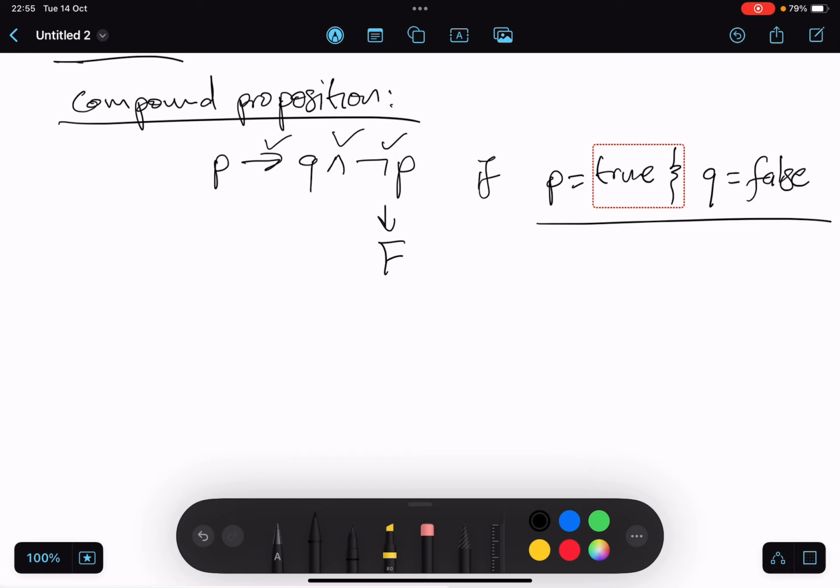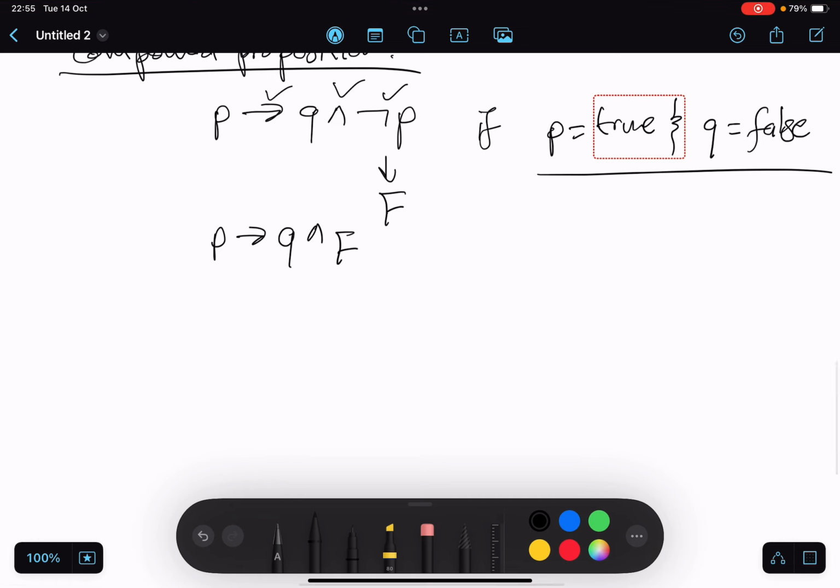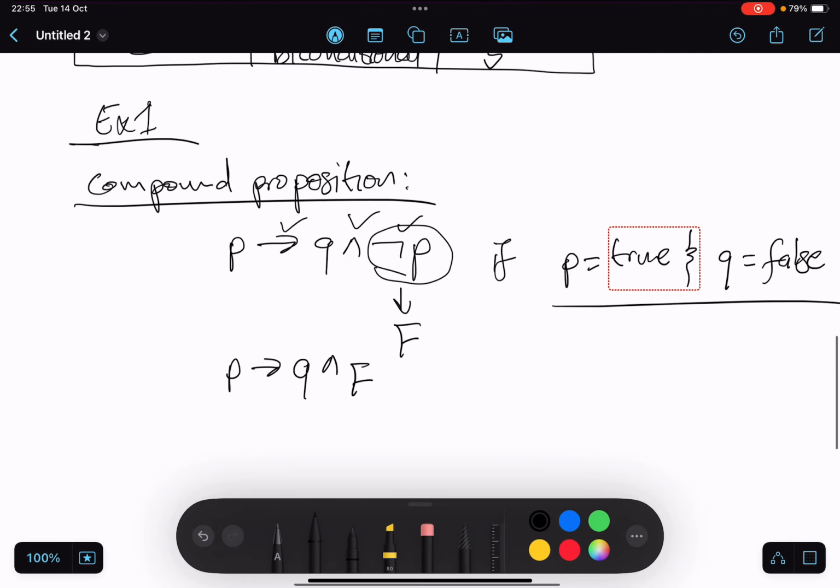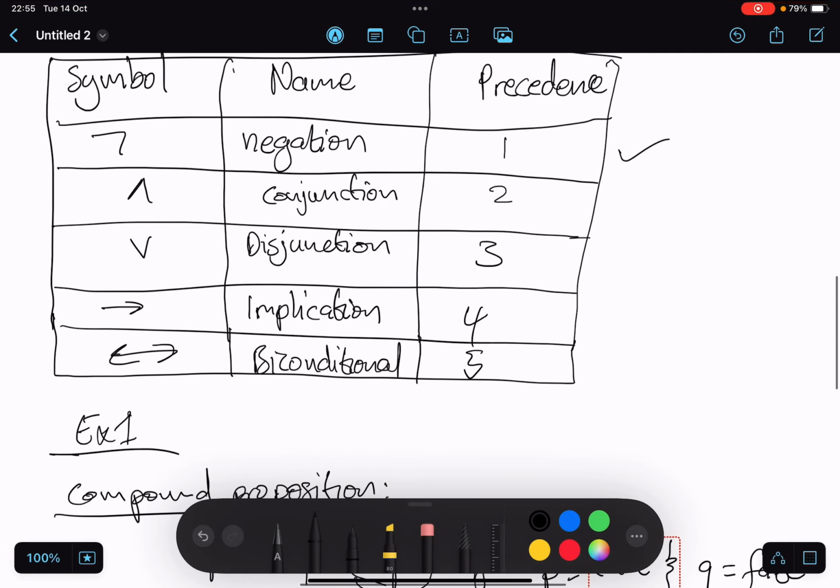So now we have P implies Q and false. Now we have simplified this. Which operator do we evaluate next? It's going to be the conjunction, according to the precedency table.